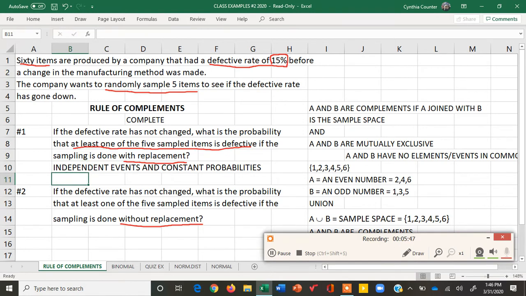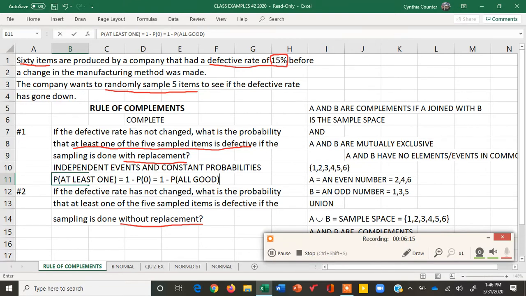So we want to find the probability of at least 1. So we are going to compute 1 minus the probability of none or 0. The probability of none, in this case, is the probability none are defective, which means the probability that all are good. So we need to know what the probability that they are all good is.